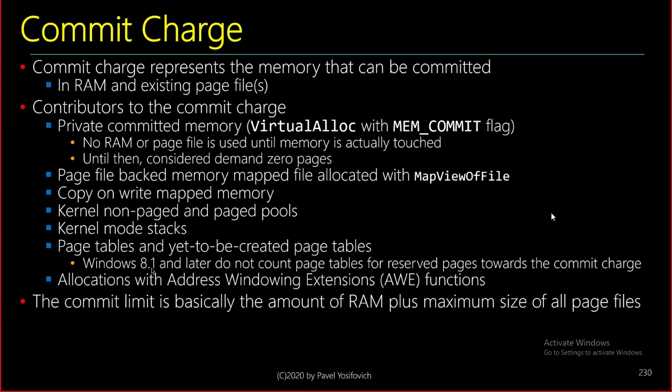One of the things that changed in Windows 8.1, which I haven't discussed, is the fact that reserved memory is much cheaper in Windows 8.1 than it was before. Before Windows 8.1, if I reserved 1 GB of memory, of course that's not committed memory, but the memory manager would create all the page table entries needed to map that memory as if I would eventually commit the entire range.